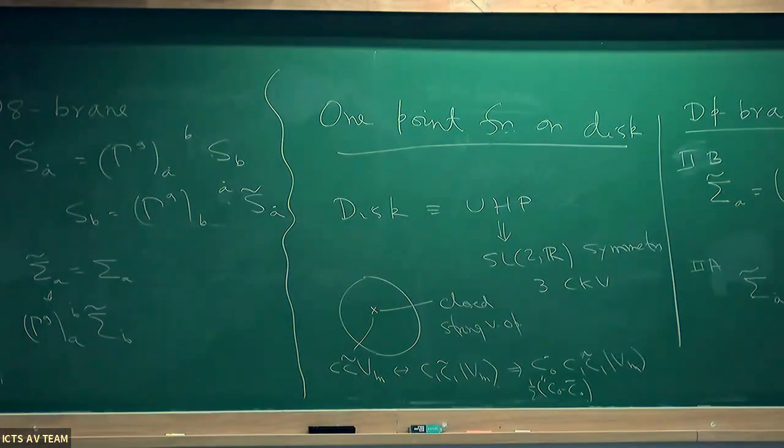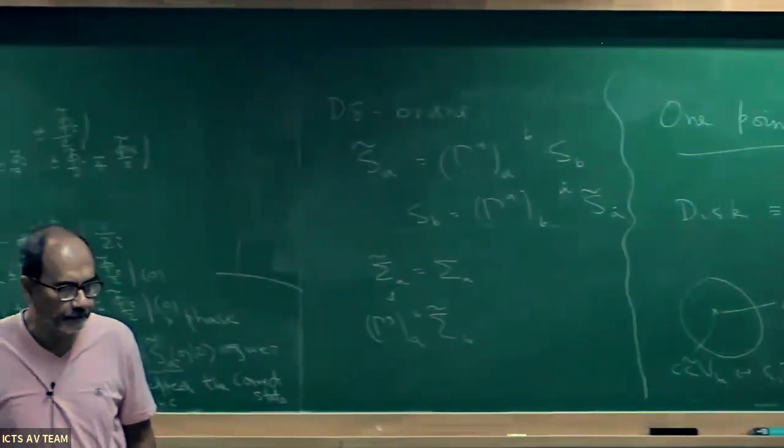Is this clear? So this is the lesson: for calculating the 1-point function of a closed string vertex operator on the disk, the vertex operator that you should use is not c c-bar V, but acted on by an extra factor of c_0^-.